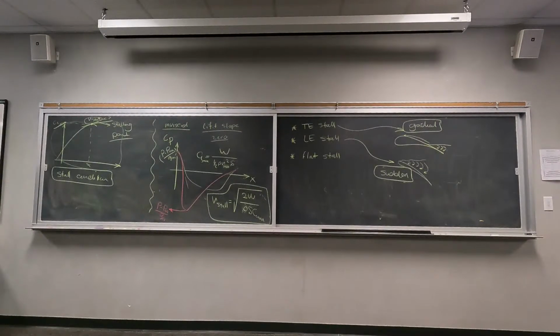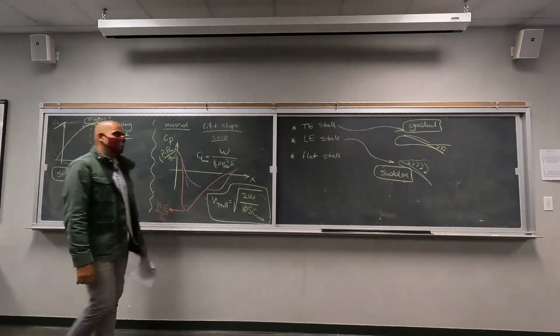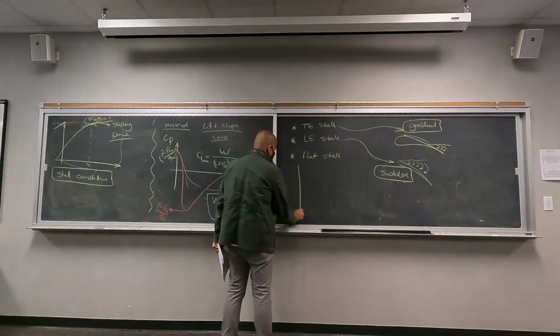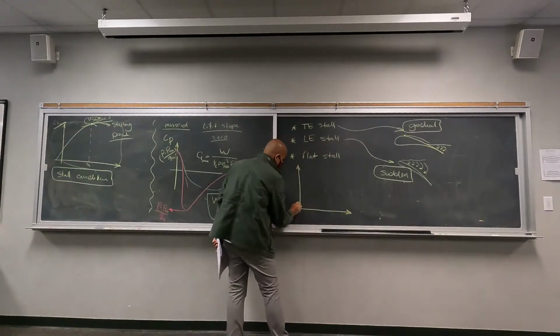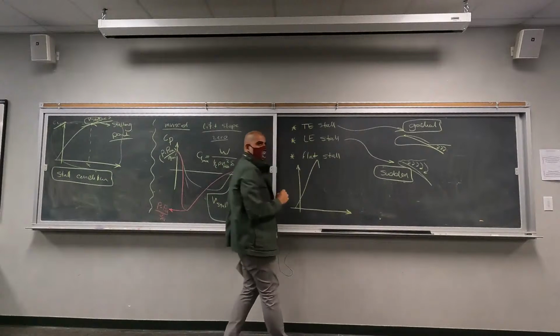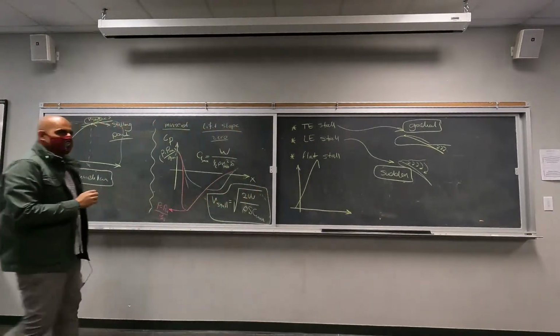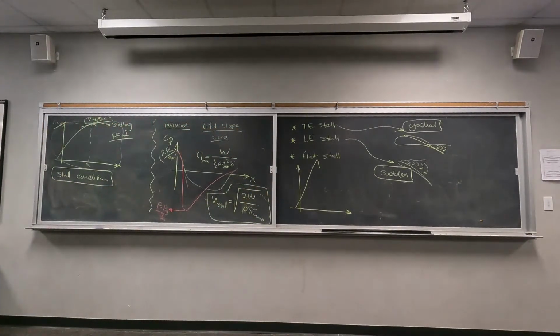It's not necessarily a piecewise function, but you are moving in the right direction. So you will see a very sharp decrease, right? Because all of the flow separates suddenly, all of the force balance is going to be messed up suddenly.